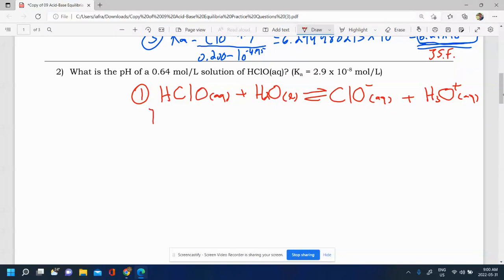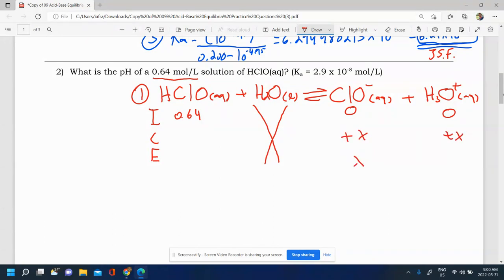So let's make our ice table and write out some information that we might know. We know the initial concentration of the solution, which is 0.64 mole per liter. We don't care about water, and we know at the beginning it must have been 0 and 0 because you have to throw your acid in and then it will ionize eventually. Our change will be plus x over here and plus x based on the molar coefficients.